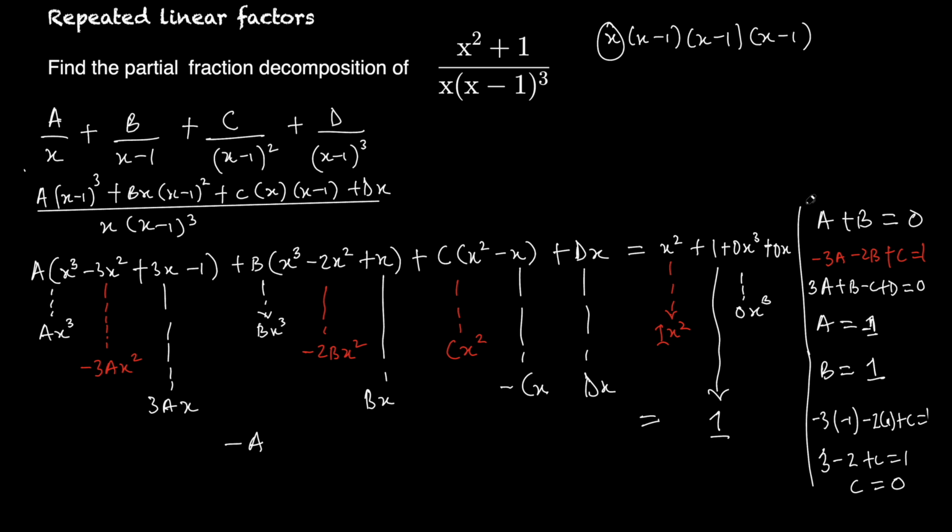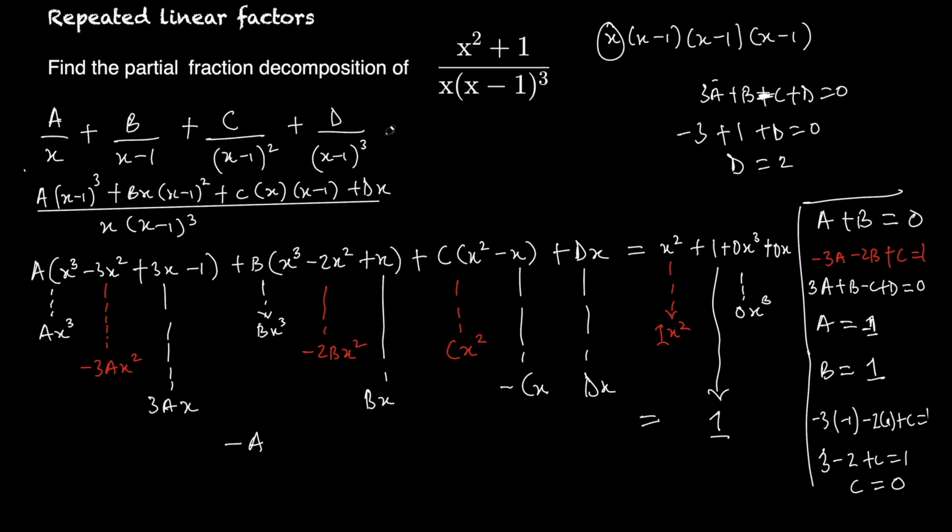And now for D, we have 3A plus B minus C plus D equals 0. So we have -3 plus 1 minus 0 plus D equals 0. So D equals 2.